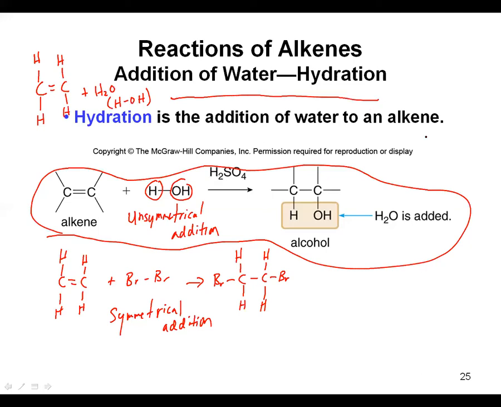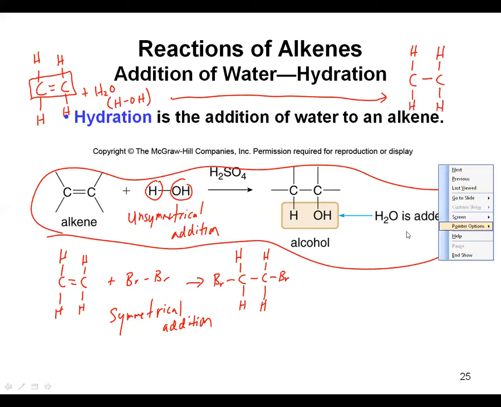We'll go all the way over here to get a little bit more room. We're going to draw this guy exactly the same. The only thing that's going to change here is the carbon-carbon double bond will become a single bond. That creates an opening for the H and the OH to add.